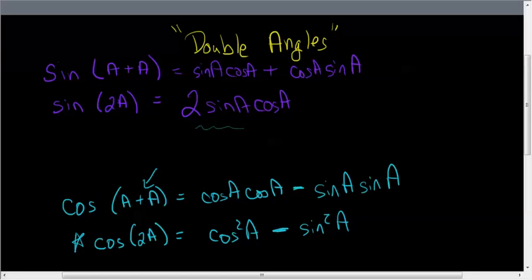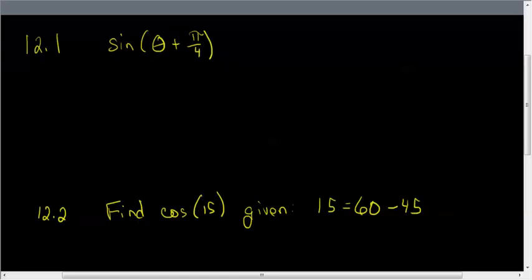All right, let's do a quick example problem or two. Let's see here. The sine of theta plus pi over 4.